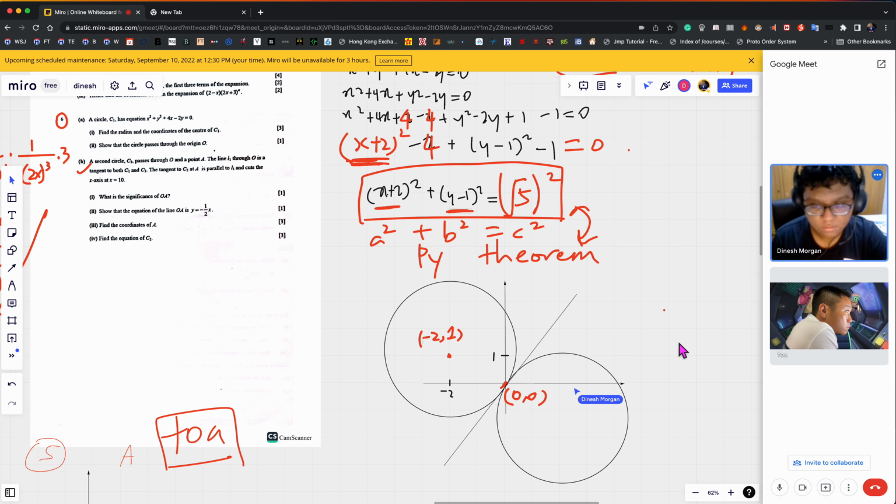Then that's the equation: (x minus 4) squared plus (y plus 2) squared equals (2 root 5) squared.